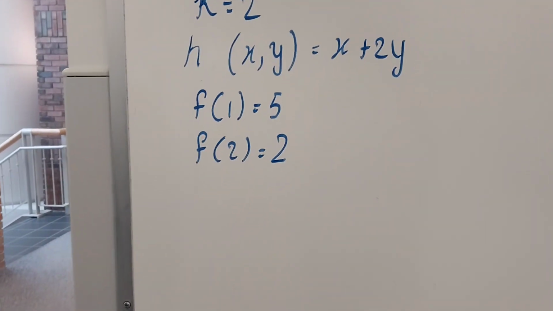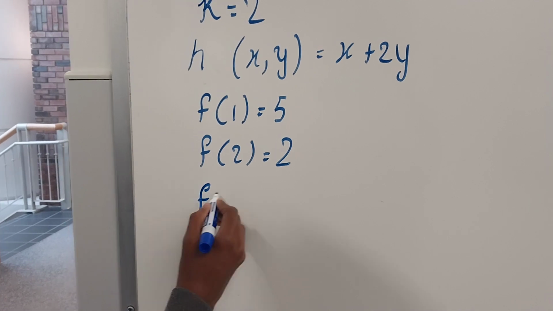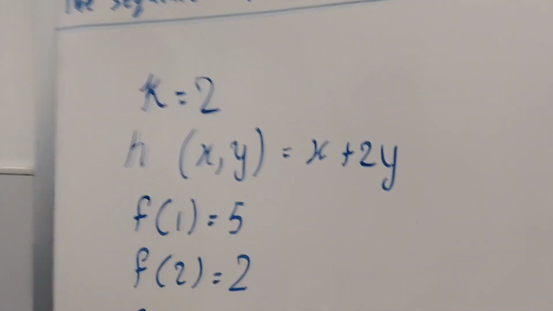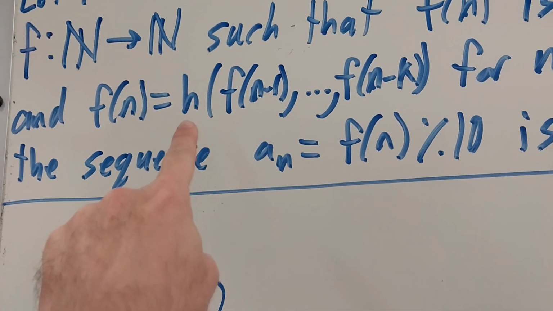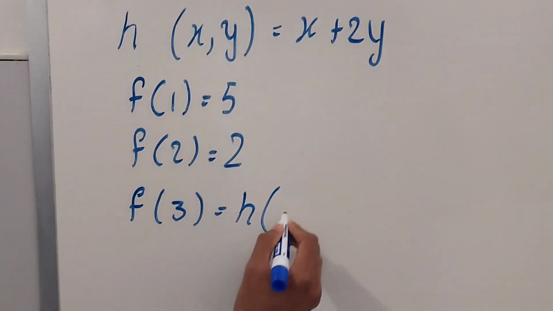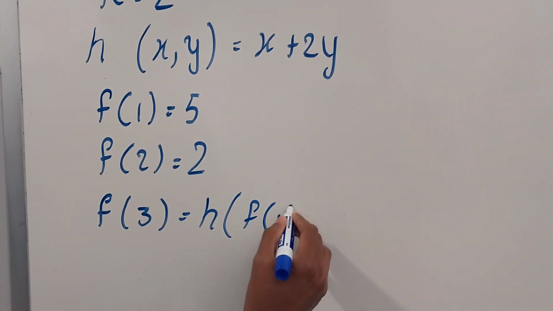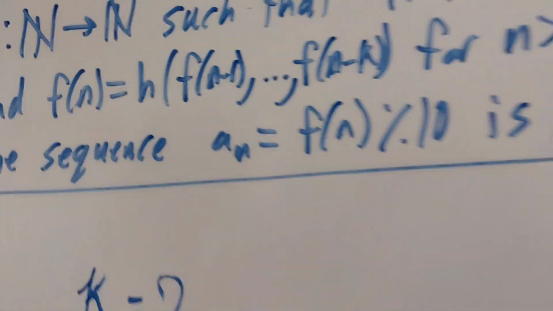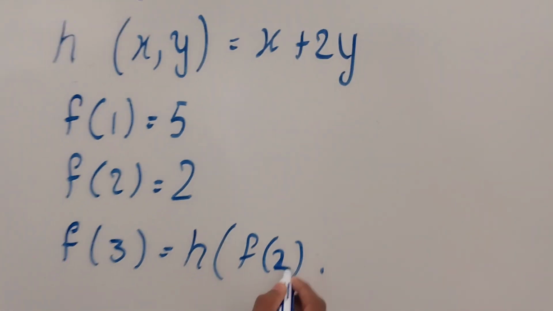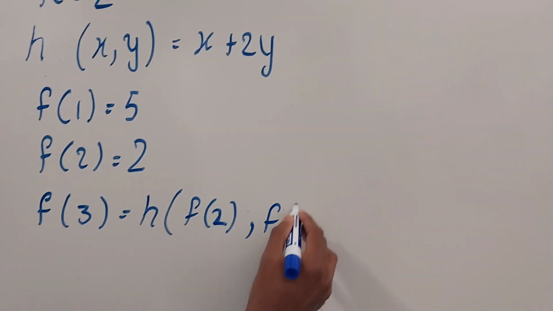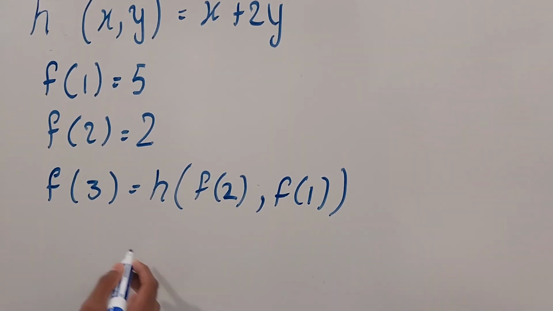So let's do f of 3. Let's go ahead and write out what that looks like with the h stuff here. It'd be h of f of n minus 1. Oh, actually I made a mistake, sorry, so that's going to be f of 2, comma, f of 1. Very good. Let's fill those in.